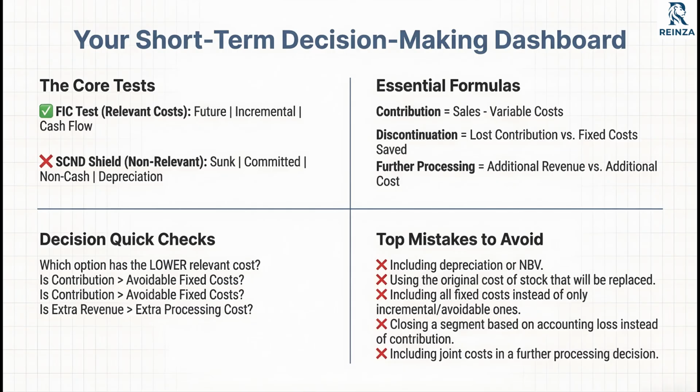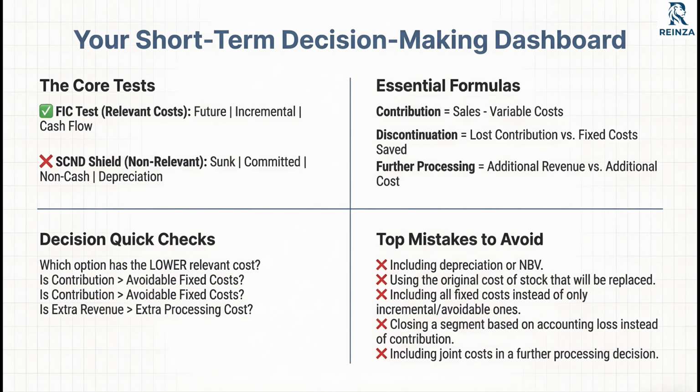Sunk, committed, non-cash, depreciation. Second, the essential formulas. Contribution equals sales minus variable costs. For discontinuation, compare lost contribution versus fixed costs saved. For further processing, compare additional revenue versus additional cost.